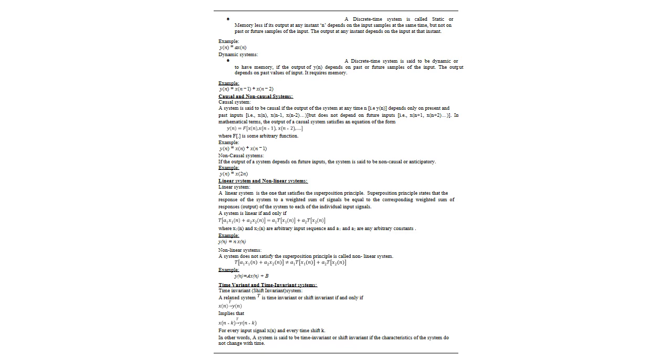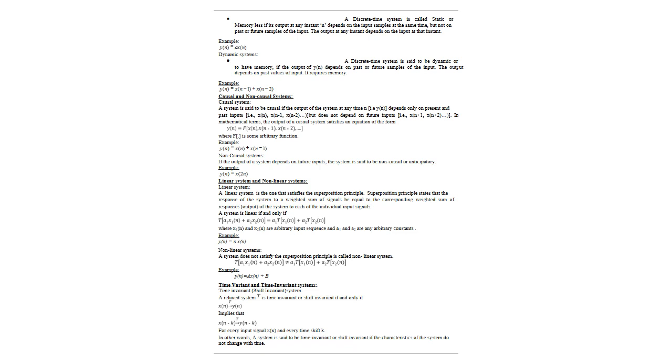Next will be the linear system and non-linear system. A linear system satisfies the superposition principle. It states that the response of the system to a weighted sum of signals is equal to the corresponding weighted sum of the responses.